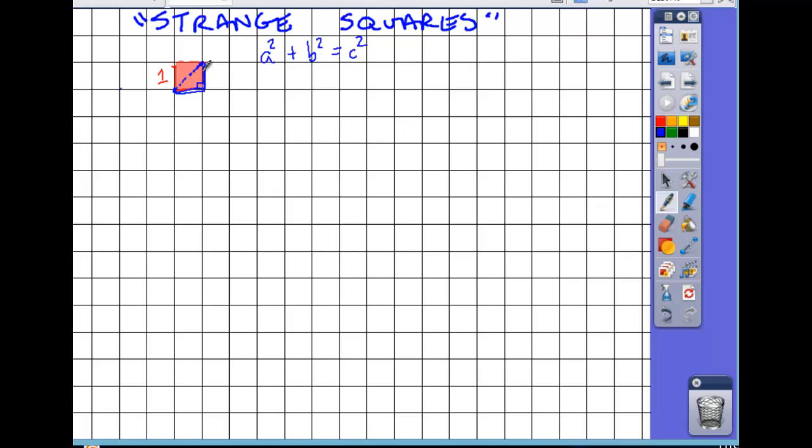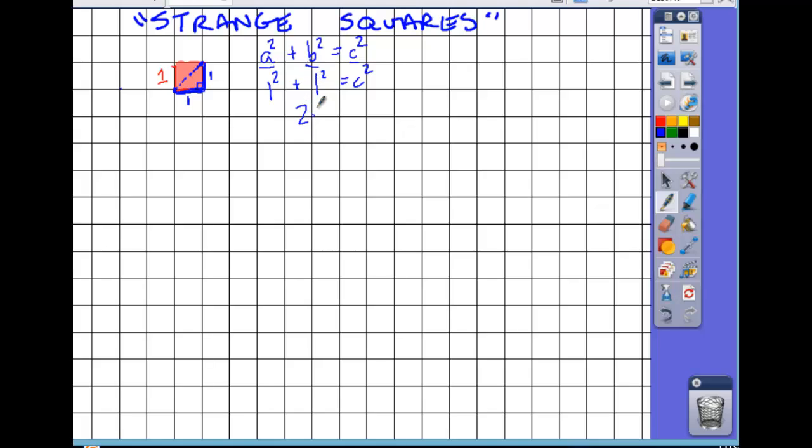It's a right triangle, and it's isosceles, because remember, each of these is 1 because it's a square. So because we have these two equal sides, it's isosceles, and we have a right angle here. So the theorem is going to apply to it. We can say this is a, this is b, 1 squared plus 1 squared equals c squared.